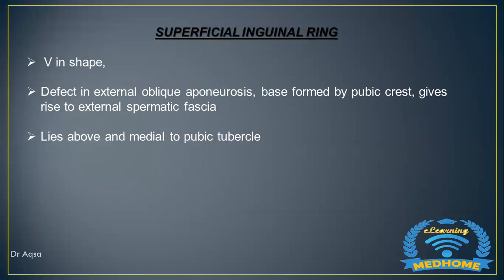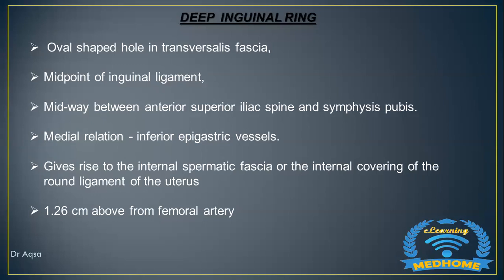The superficial inguinal ring gives rise to the external spermatic fascia, while the deep inguinal ring gives rise to the internal spermatic fascia in males, and in the female, it forms the covering of the round ligament of uterus.